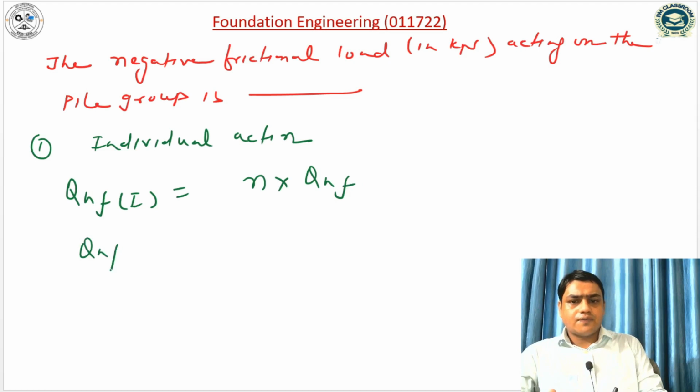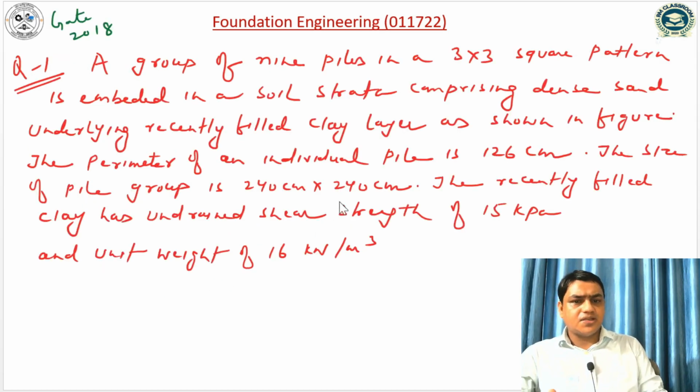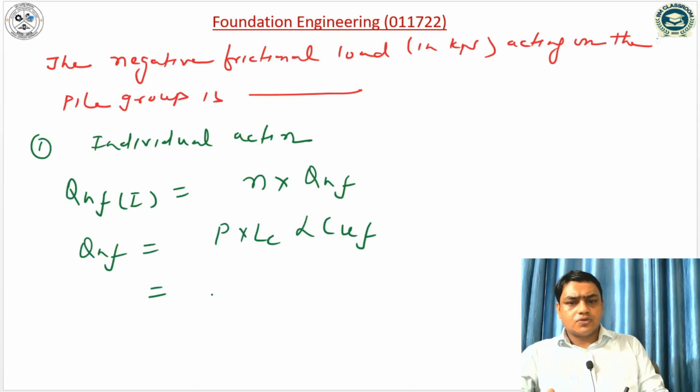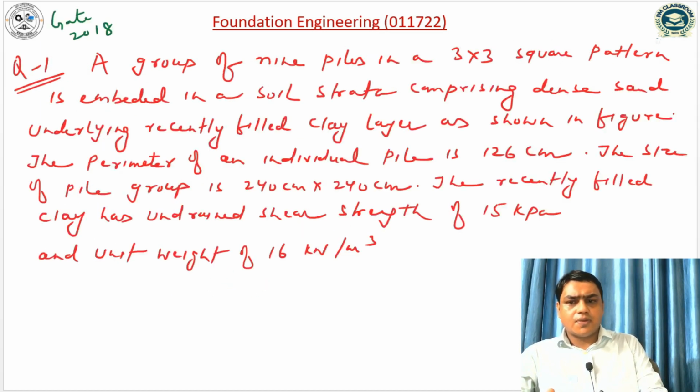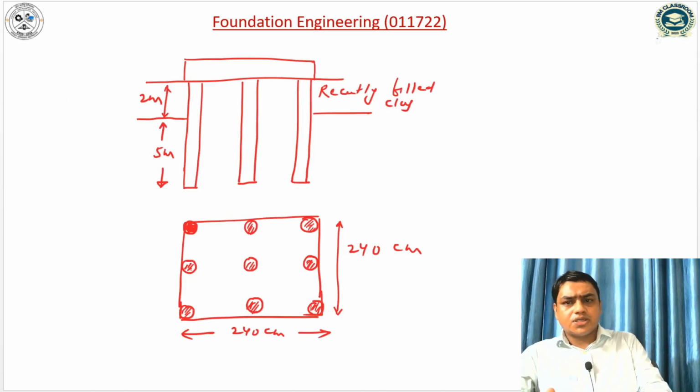So QNF can be computed as perimeter of the single pile into LC into alpha into CUF. So perimeter of the single pile is given. It is 126 centimeter, so 1.26 meter into length of the pile in which negative skin friction occurs.